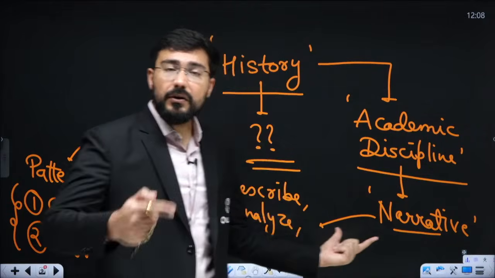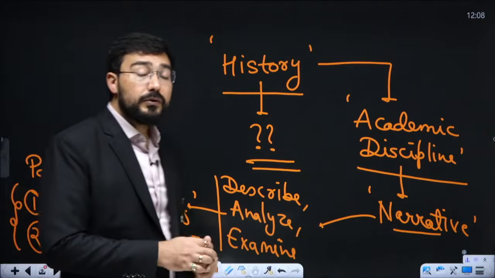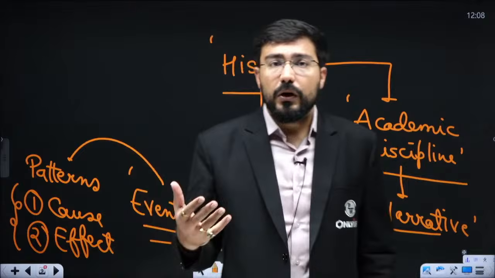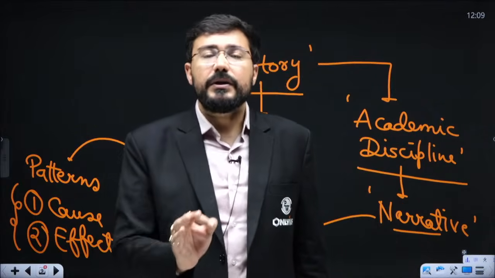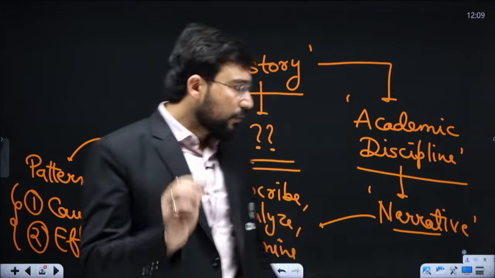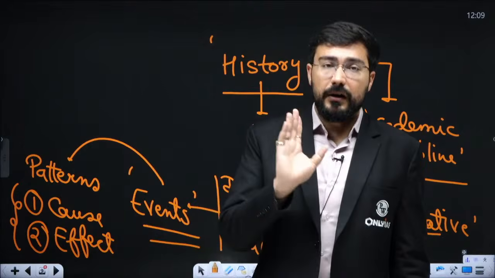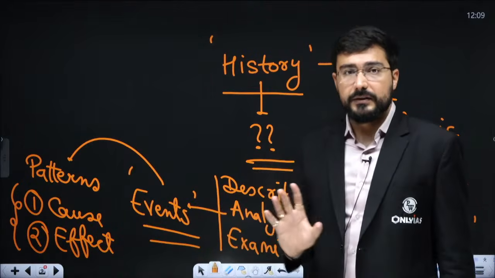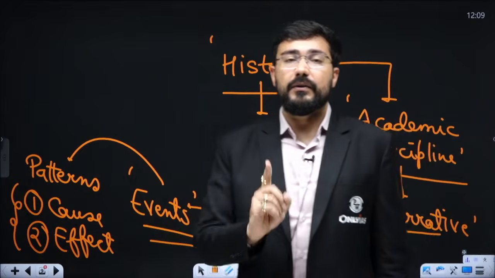And then they tried on their own to describe which events happened. They tried to understand what were the reasons for the revolt of 1857, what were the consequences. So history is an academic discipline which uses narrative to describe, analyze and examine events, and finally, we try to find the patterns of cause and effect.